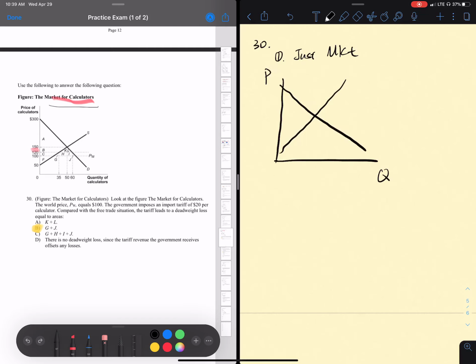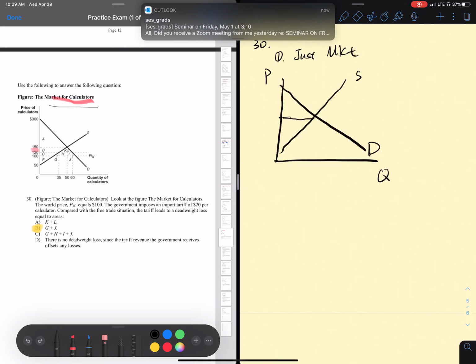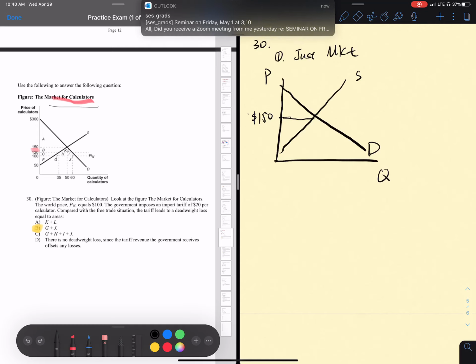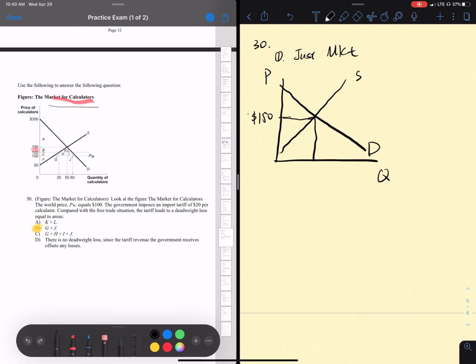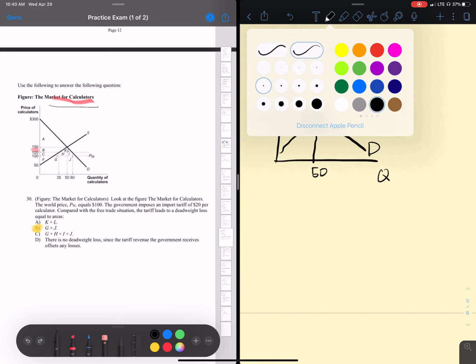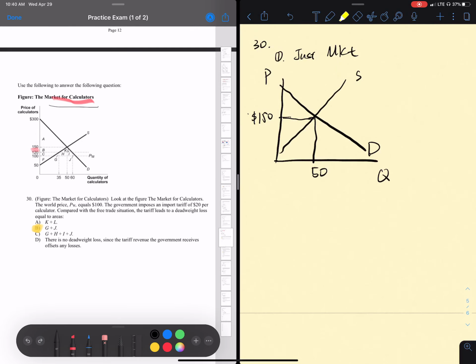We have the demand, we have the supply, and we have the price as 150, and the equilibrium quantity is 50. Then we already learned, right, what the equilibrium is.